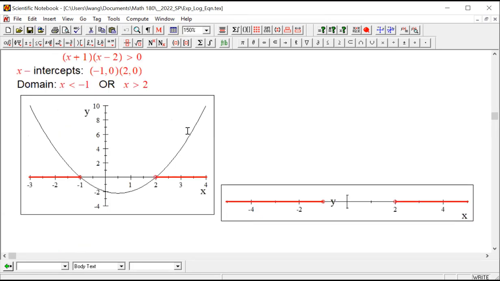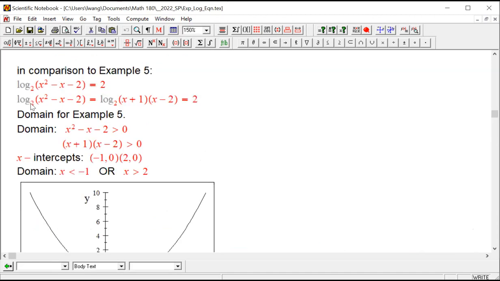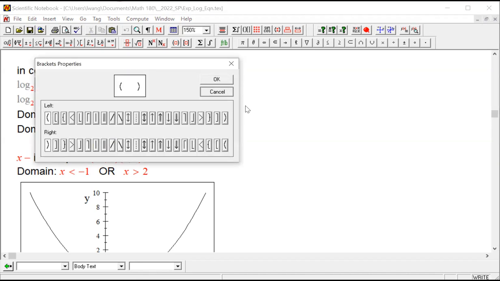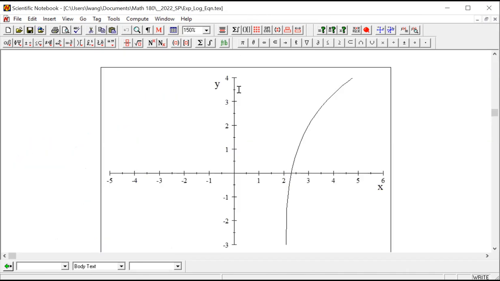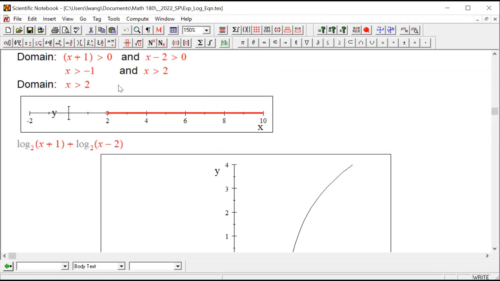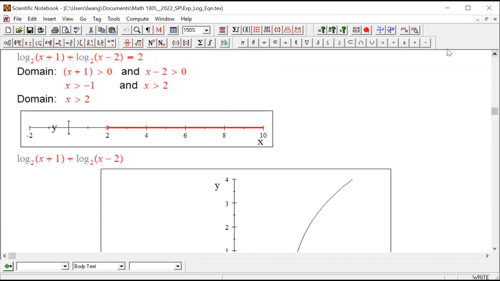But why do we have such differences here? Because of the order of operation, okay? In the case of example number 6, we need to guarantee this is positive before we can do the product rule.